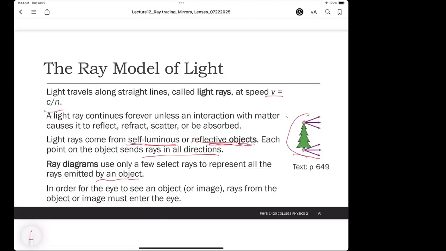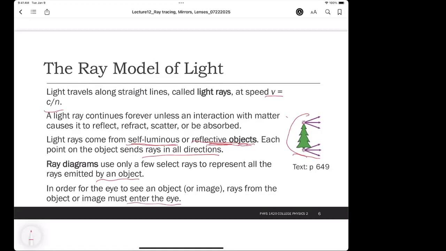Actually, not only those two points emit light. We just use those two points to show how to analyze this situation. In order for the eyes to see an object or image, rays from the object or image must enter the eye.